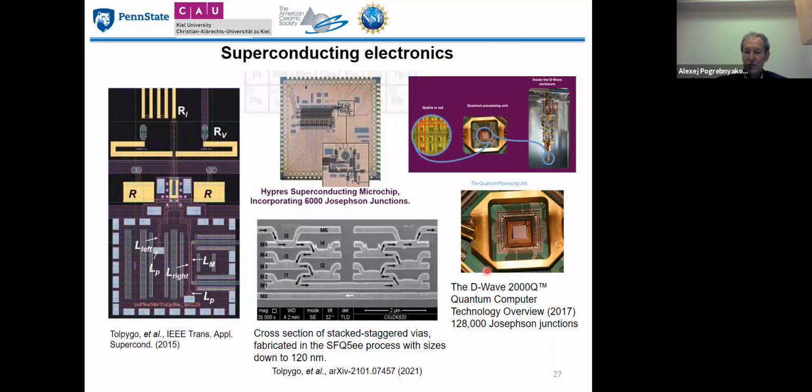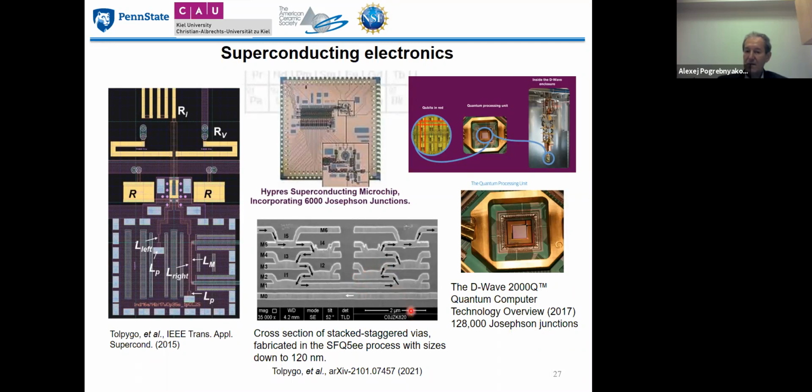So superconducting electronics is based on Josephson junctions. Here we see examples of superconducting microcircuits, and they are made of various numbers of Josephson junctions. This is a cross-section of superconducting circuits, so it's a multi-layer structure that contains junctions at different layers.